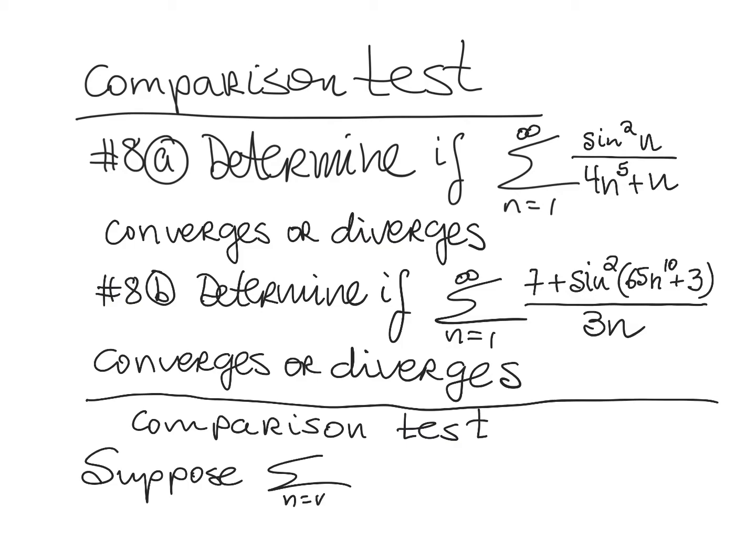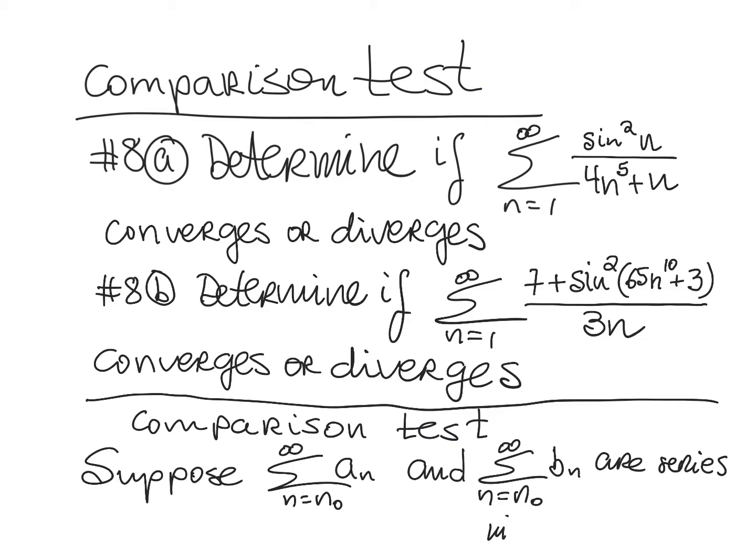So suppose that the series starting at n sub naught to infinity of a sub n, and we have another series starting with n sub naught to infinity of b sub n, and both series have all positive terms. So a sub n positive, b sub n positive for every n.